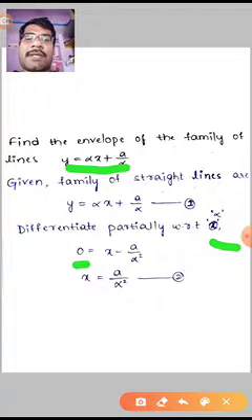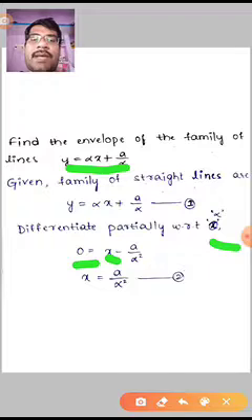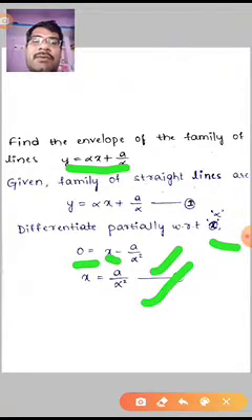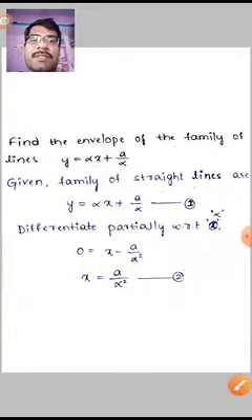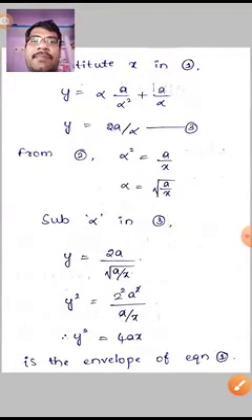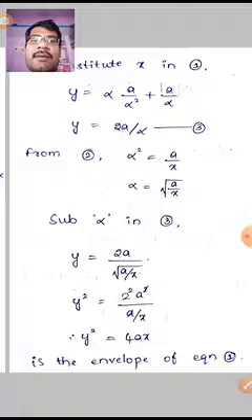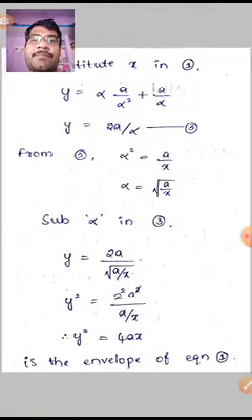Here the left side is 0. Alpha x gives x, minus a by alpha square. So x is equal to a by alpha square. Substituting x in 1, y is equal to alpha times a by alpha square plus a by alpha. Here y is equal to 2a by alpha.